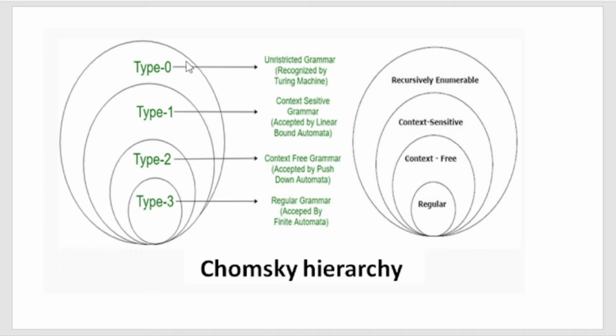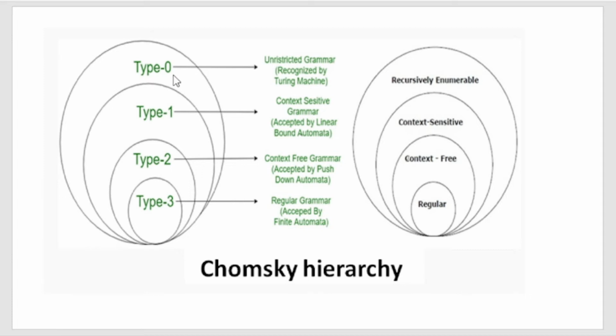As I said already, if we are framing a string or sentence from a grammar, it should be verified whether it belongs to that language or not. In the Chomsky hierarchy, there are 4 different types of grammars available, namely type 0, type 1, type 2 and type 3 grammar.